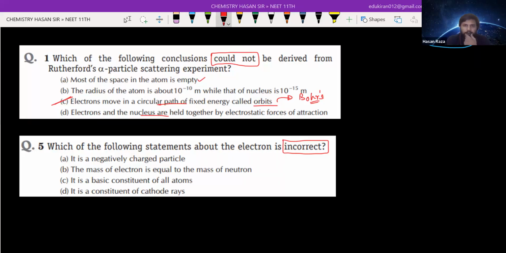Very good, Akib. So this is the thing that you should remember. No, no, no. We don't take one mass, Rishita.